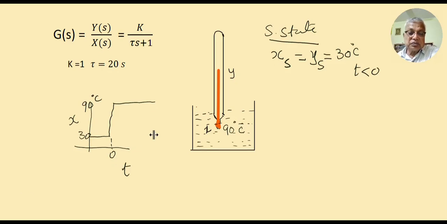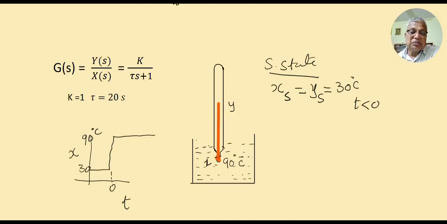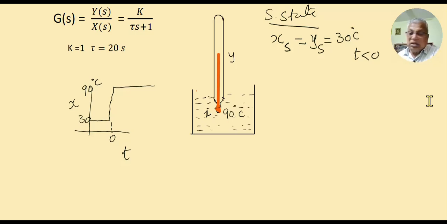Now, this is a step input, right? If you write in terms of the deviation variable, capital X is X minus Xs. The surrounding temperature of the thermometer changes instantaneously from 30 to 90. It is a step input.